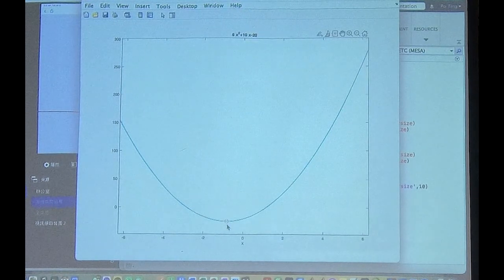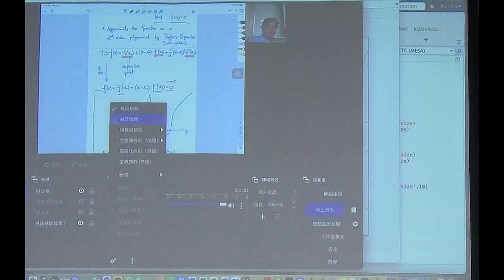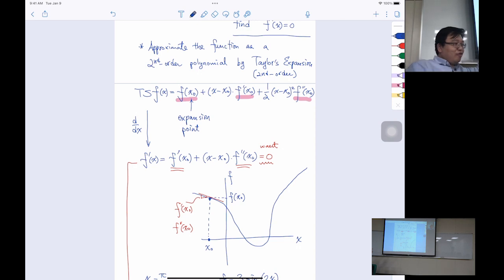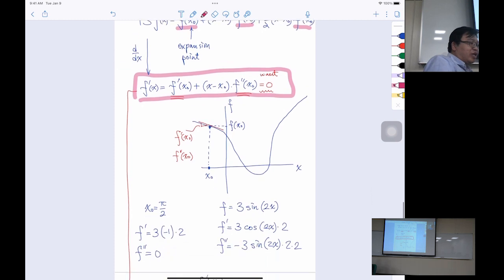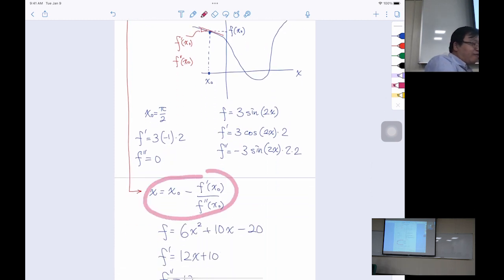And from the derivation we know, if I take a first derivative and then make it 0, I get this equation. And this equation tells me, if I solve for x, that's the position with f prime equals 0. Okay?